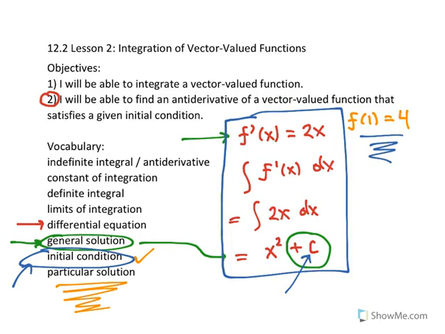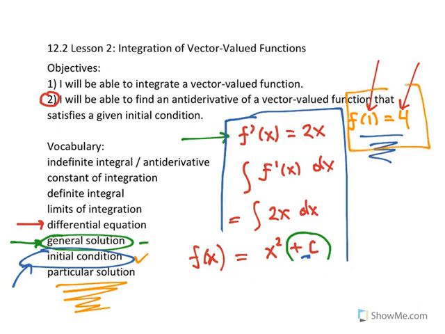So f of 1 is equal to 4 means that for the function f, when the input is 1, the output is 4. And what we have here is that f of x is equal to x squared plus c. So using our initial condition, we can solve for what the constant of integration c needs to be so that this initial condition will be satisfied.